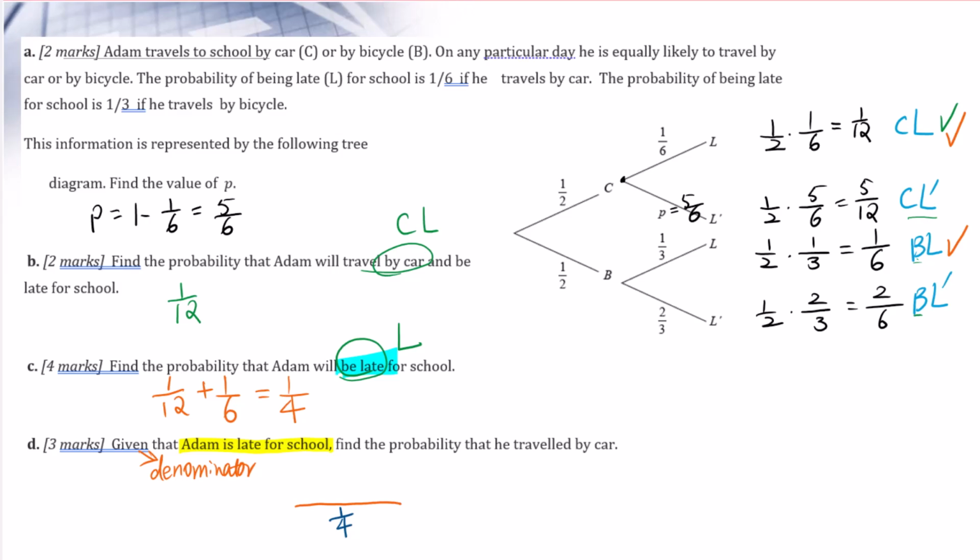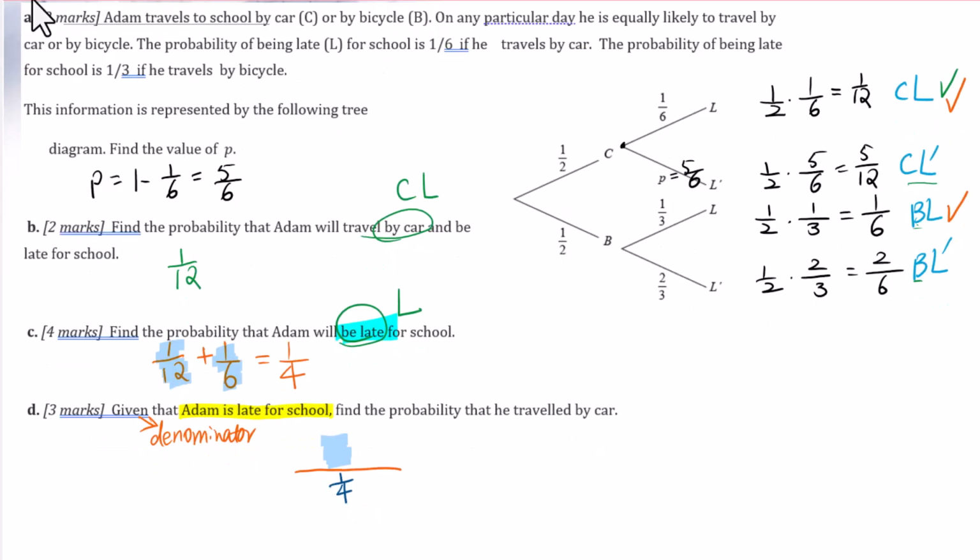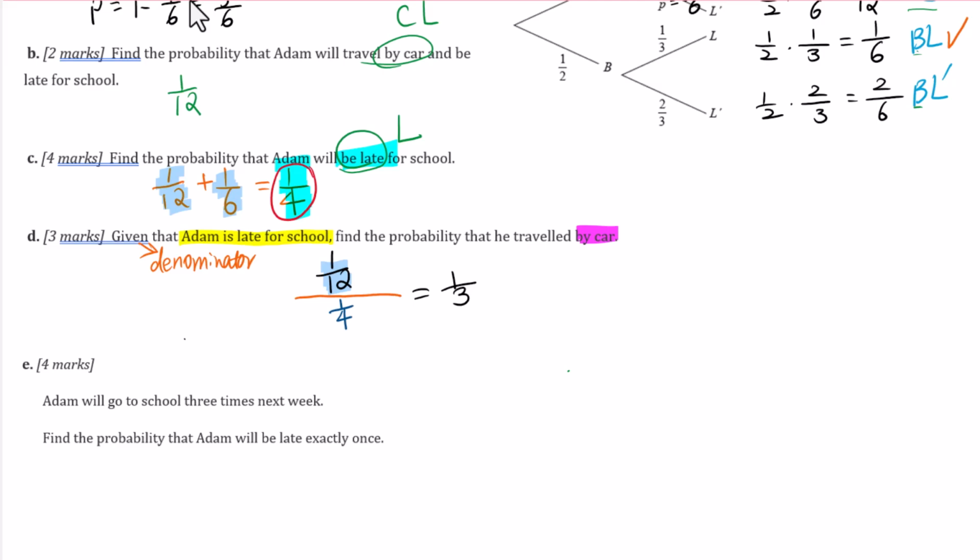Just check which two probabilities form this 1/4: 1/12 and 1/6. Either one could be the numerator. Let's check back. 1/12, we have this by car. So 1/12 goes to the numerator. Final answer is 1/3.